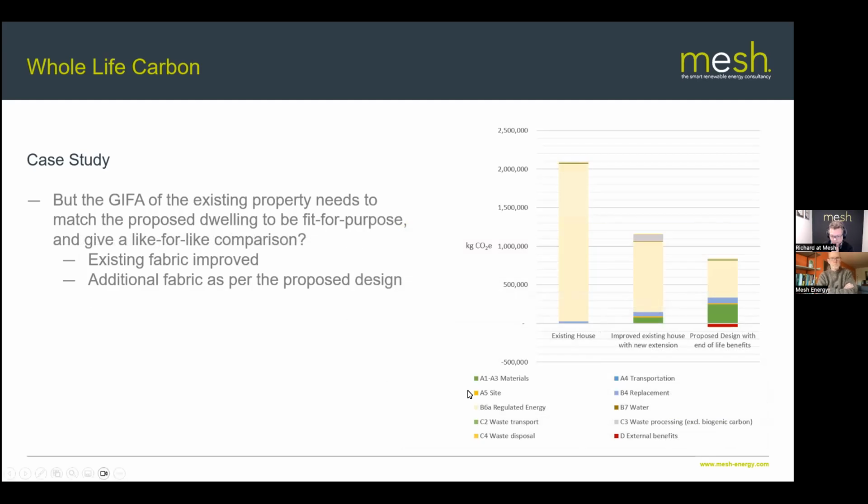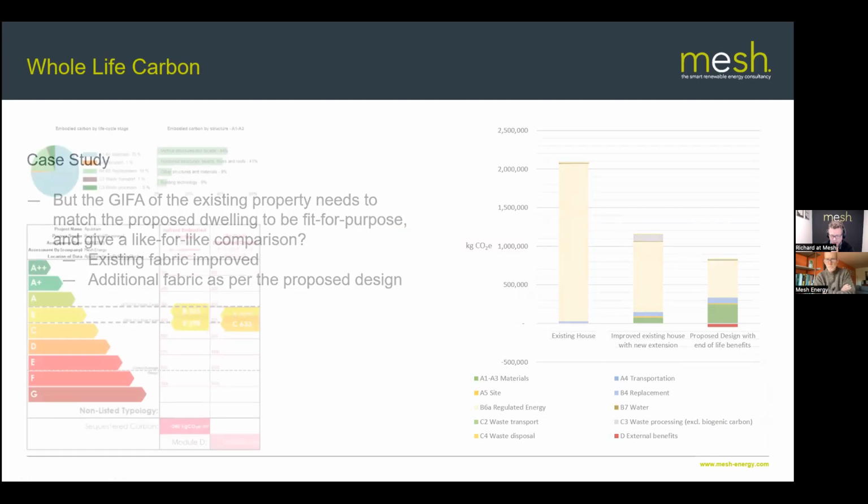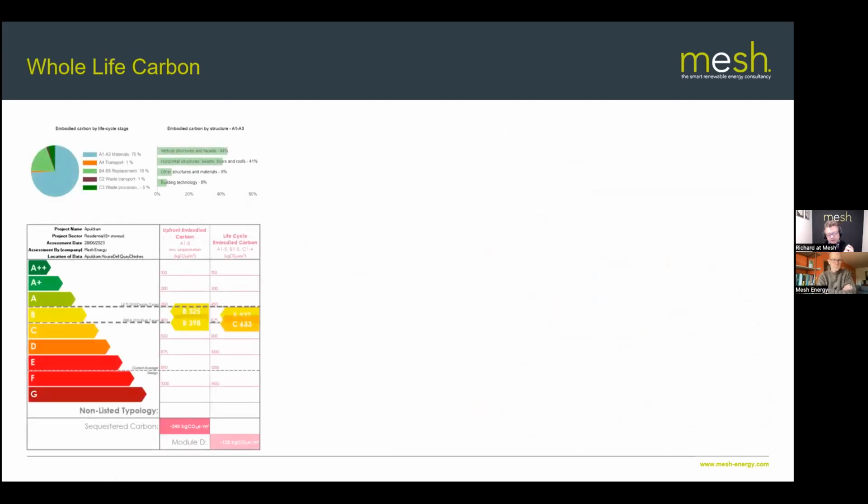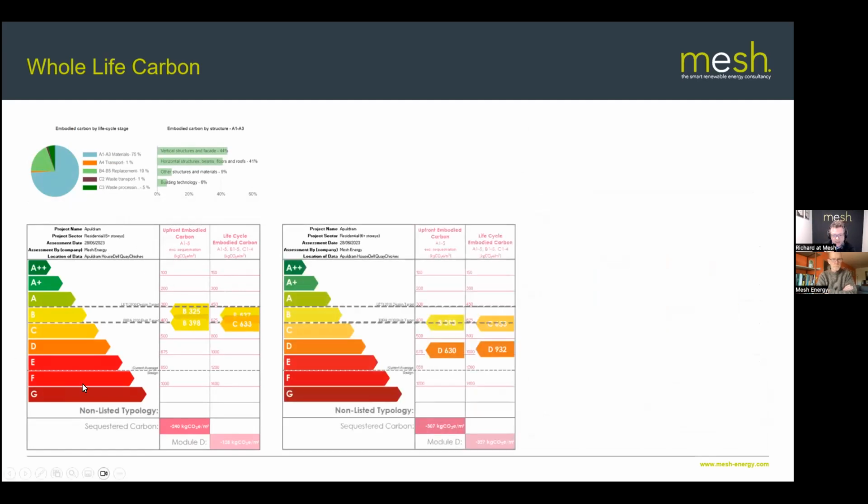And of course, there were some external benefits on that as well, very minor because of the state of the existing building, but it is there and it can be calculated. And then we took all this information and started to put it into the context of the LETI scale, to understand what the upfront embodied carbon is and what the life cycle embodied carbon is of the existing property, and then what would happen by adding this extension and doing this retrofit.